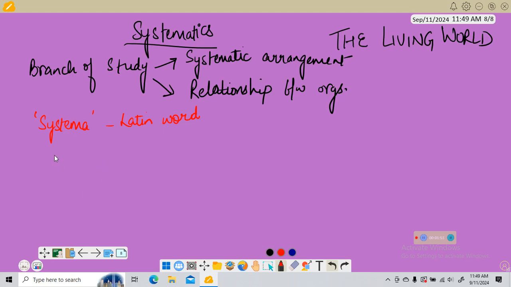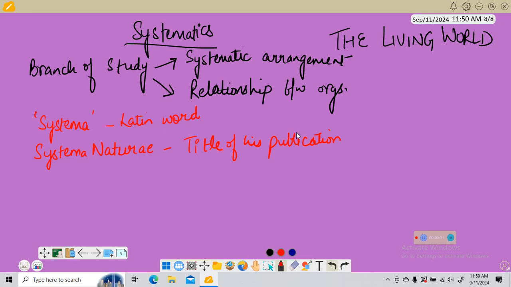So Carolus Linnaeus, who discovered nomenclature, used Systema Naturae as the title of his publication. The scope of systematics was later enlarged to include identification, nomenclature, and classification.